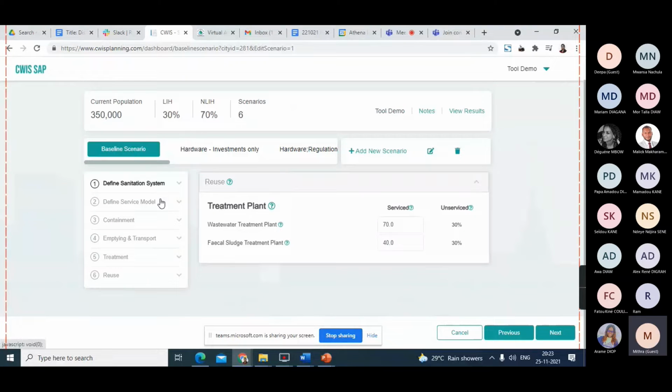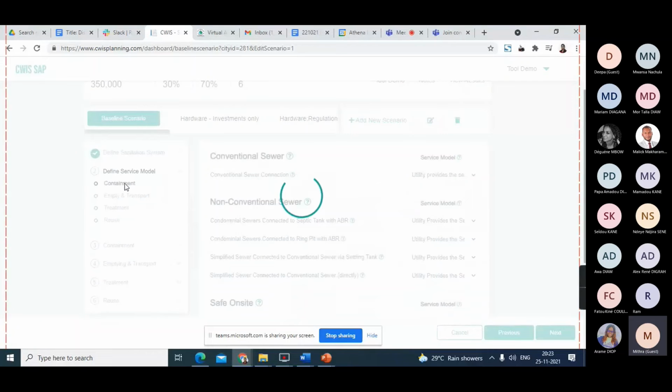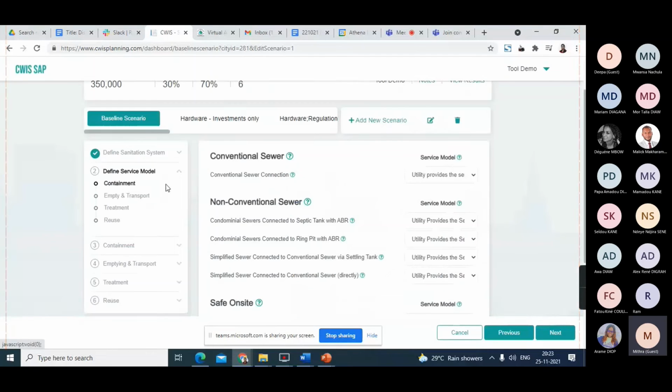Now, going further, we would be seeing who provides the service, in the defined service model. So this is also arranged as a part of your value chain and flows from containment to reuse.